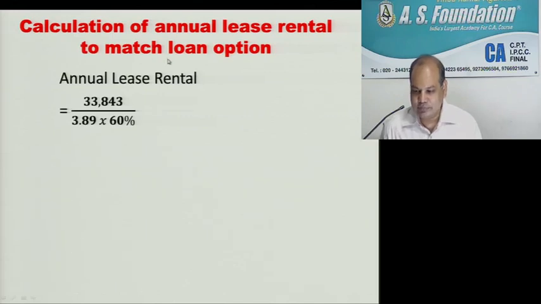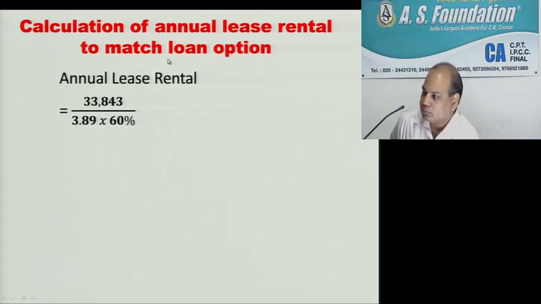Write down. Calculation of annual lease rental to match the loan option. Annual lease rental is equal to 33,843 upon, first divide by 3.89.